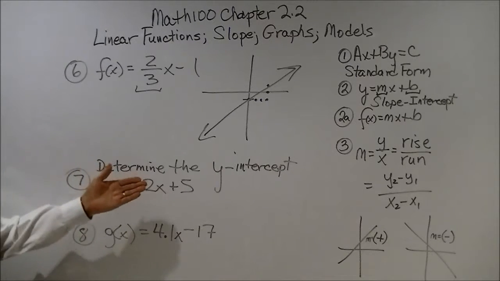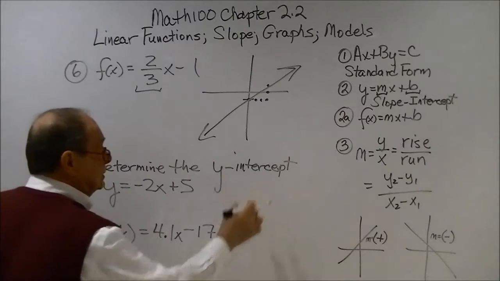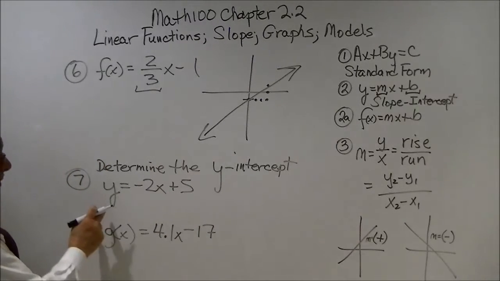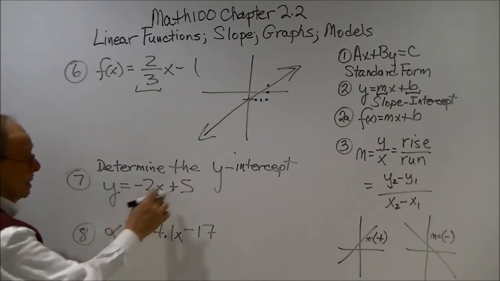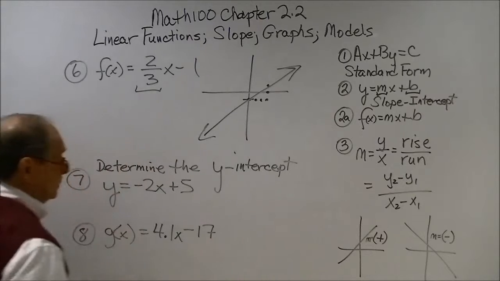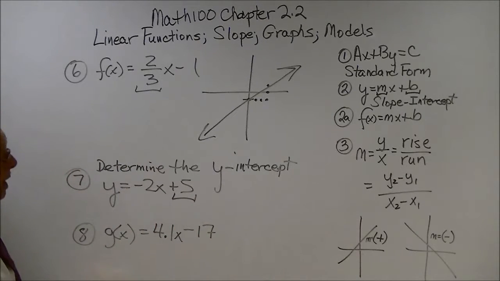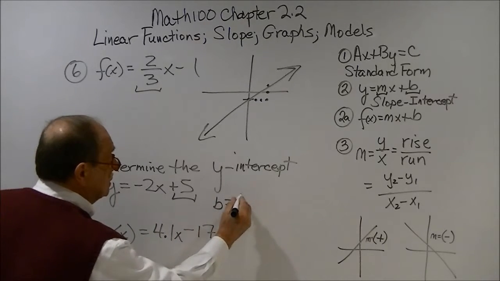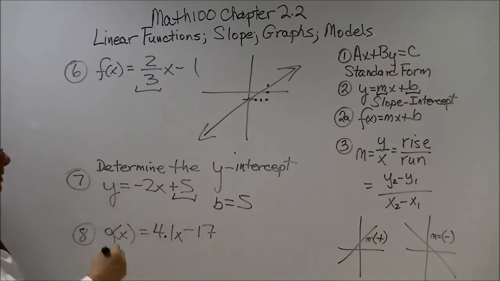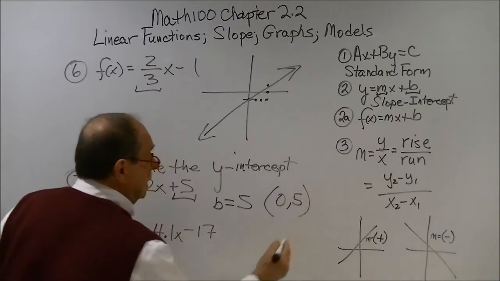Now here, something very simple. It says determine the y-intercept. So here, this equation is in slope-intercept form. Equation number 2. So whatever is in this position is your y-intercept. So we could say b equals 5, or the official way to write it is (0, 5).